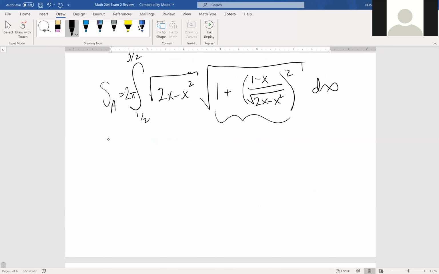Let's look in here first. So square this thing out. You're going to get 1 minus 2x plus x squared over 2x minus x squared. You could get a common denominator by multiplying 1 by 2x minus x squared over 2x minus x squared.